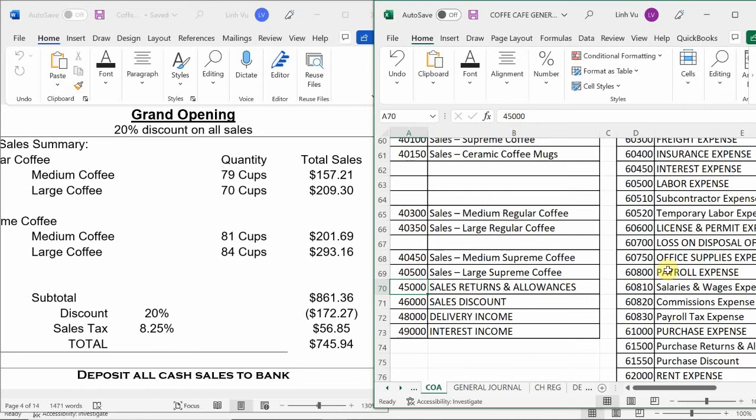Oh, it's by the cups. Yes, I sold medium coffee cups. I sold 79 of them. They're regular. Right? This is an in-store sale, where I'm actually brewing the coffee in store and distributing it.